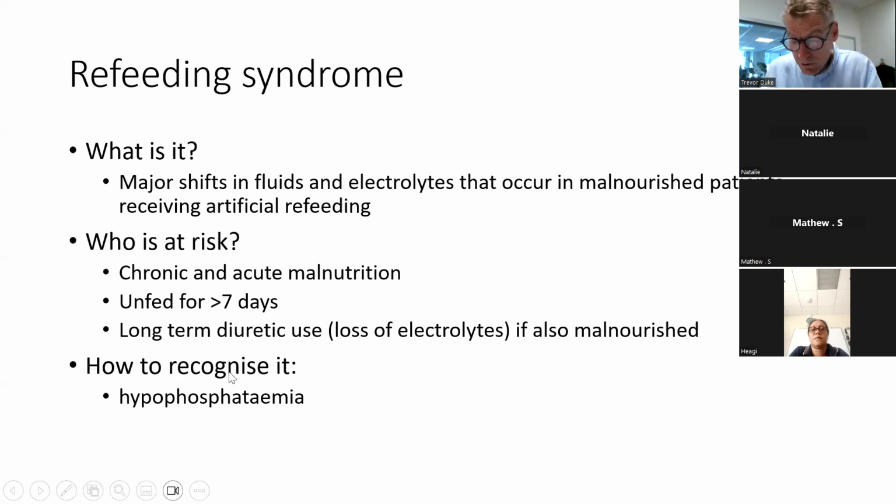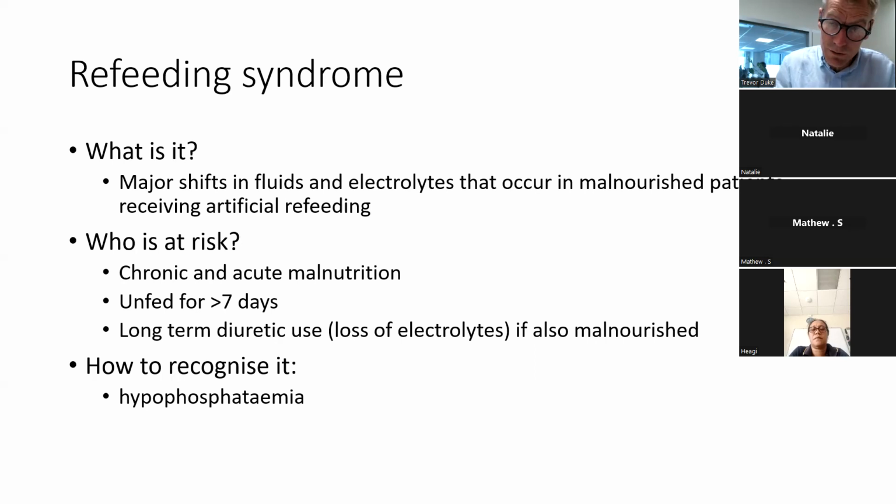Well, usually the earliest sign is the phosphate goes low, but we don't always measure phosphate. Phosphate, calcium, and magnesium are electrolytes that often go very low. Sodium can go very low as well, but not as much.